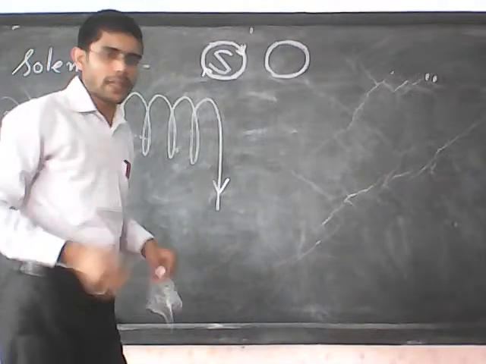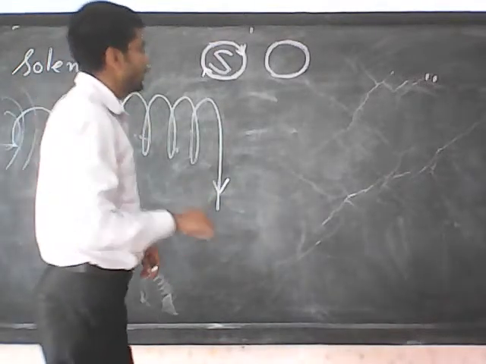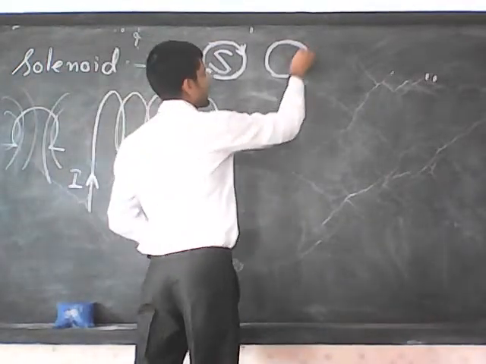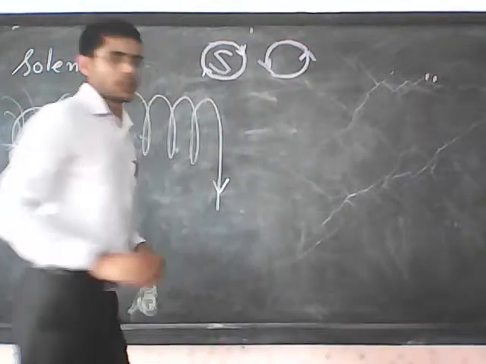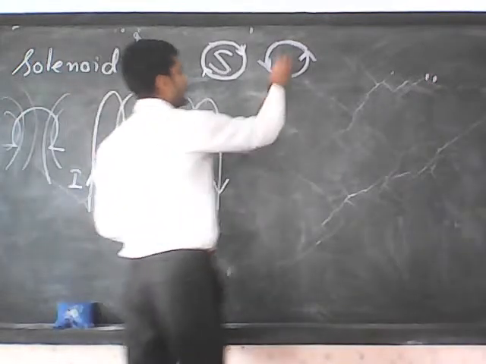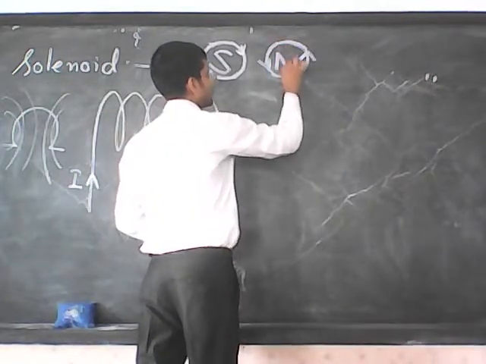Similarly, if the direction of flow of current is anti-clockwise, means current is moving in this direction, then this will be the polarity of north.